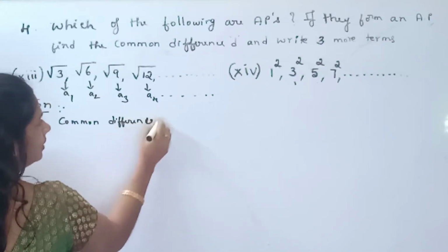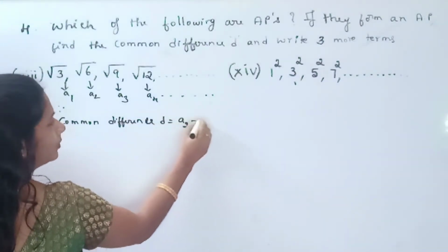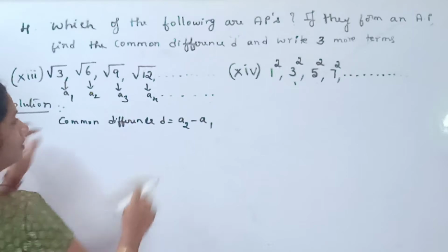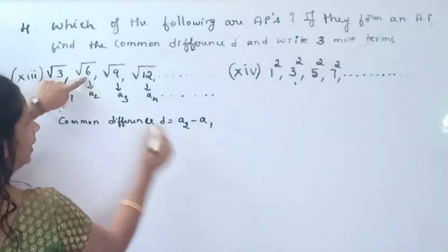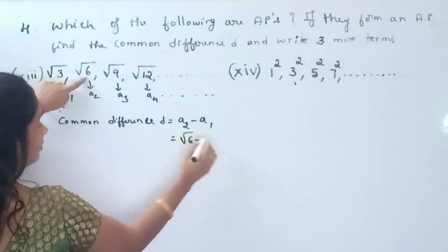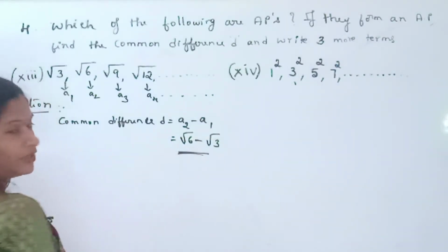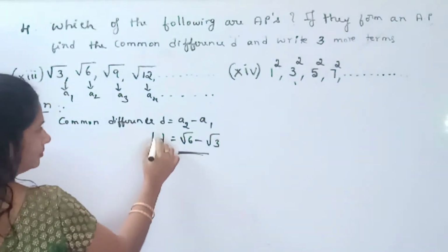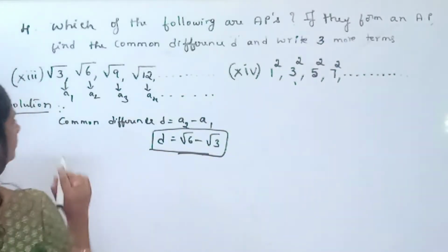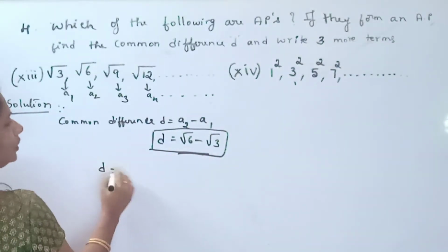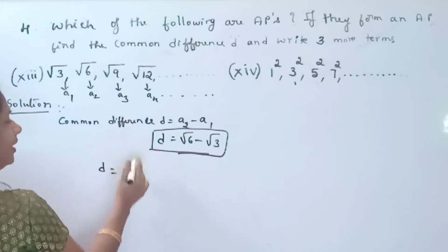Common difference D equal to A2 minus A1. Substitute the values, children. A2 value is root 6 minus A1 value is root 3. This is our common difference. Next, D equal to A3 minus A2 also.